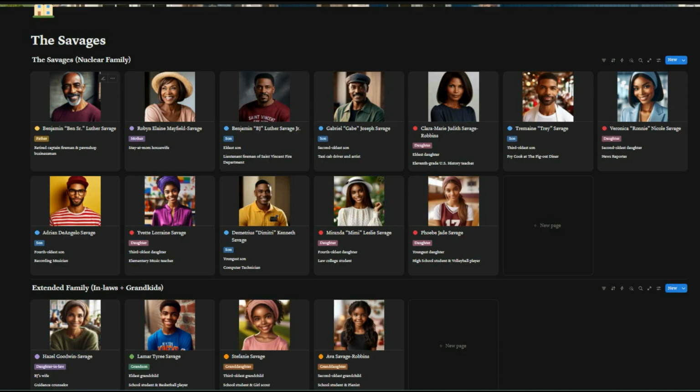Nuclear family is those that are close-knit and within one's household, while extended family are those outside of one's household. Here you can see how I organize the Savage family characters in my book series based on those who are nuclear and those who are extended.